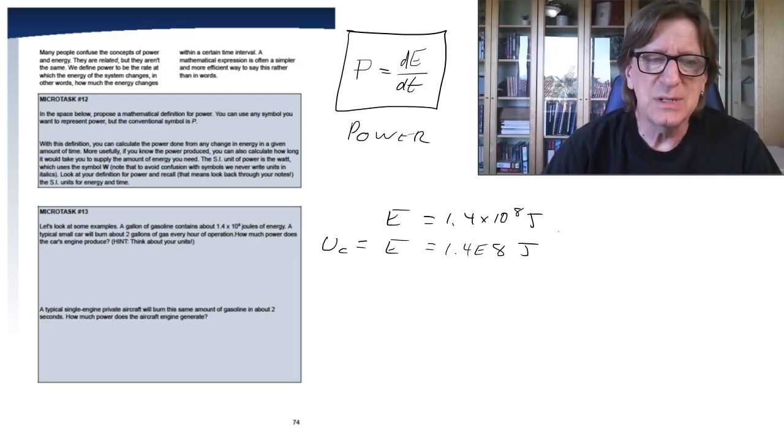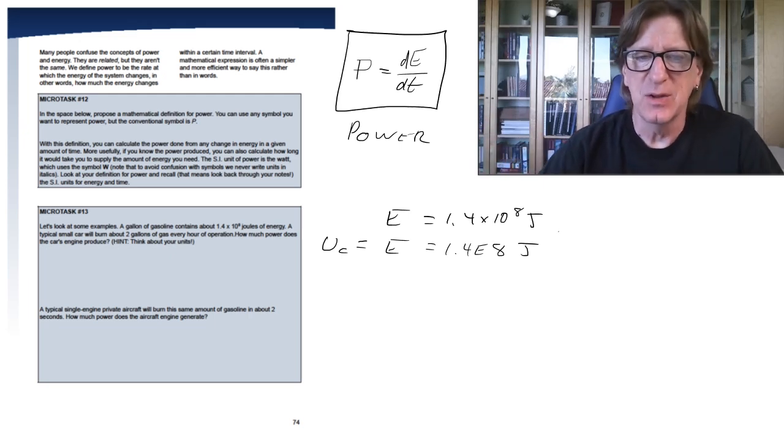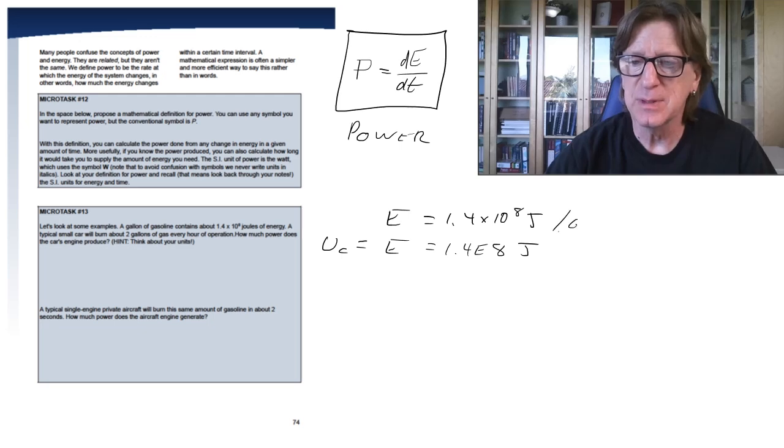All right, so a typical small car burns about 2 gallons of gas for every hour of its operation. So we want to know how much power the car's engine produces. That's how much energy per second it's producing from that. Well, we have to think about that. So we need 2 gallons. This is per gallon, right?